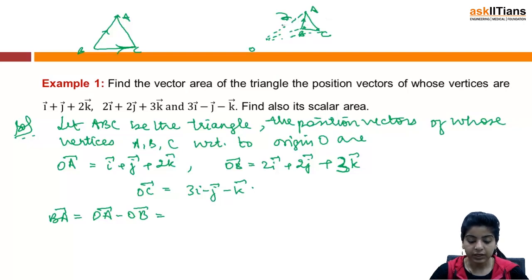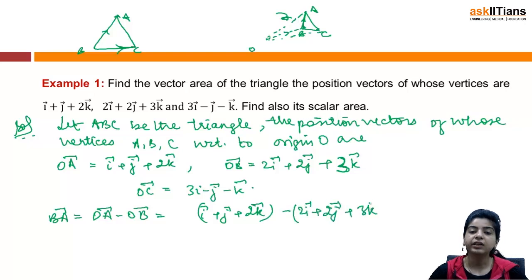Because OB plus BA is equal to OA using sum of two vectors, and therefore BA is OA minus OB, and then OA is i plus j plus 2k minus 2i plus 2j plus 3k.